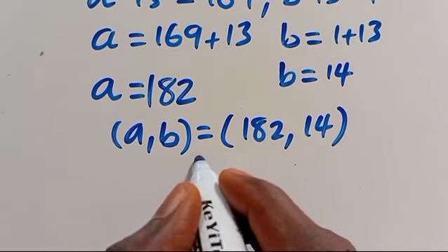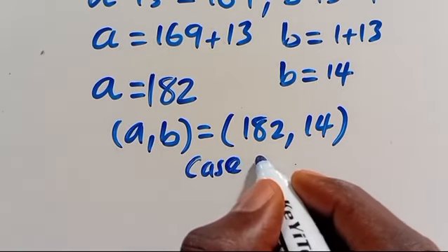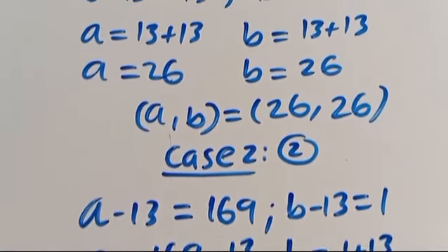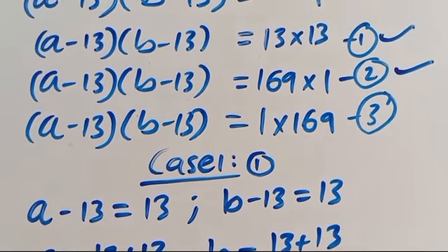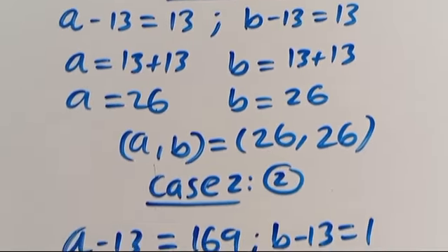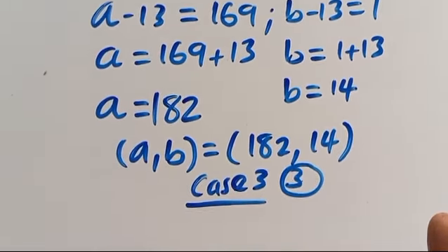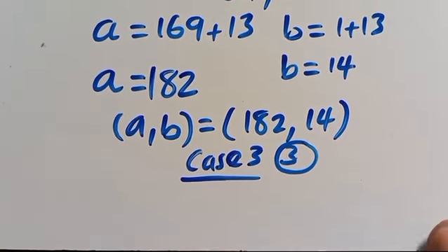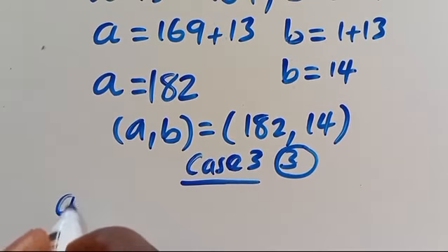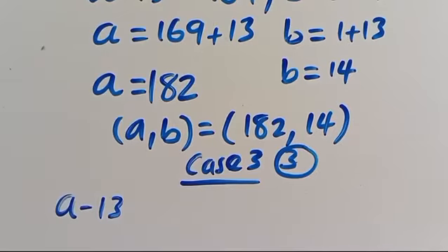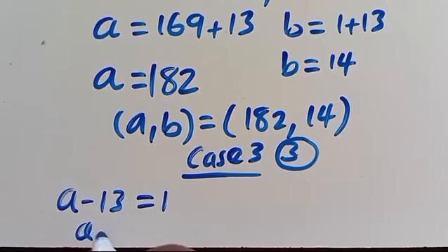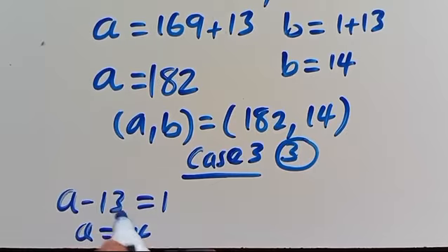Then likewise, for case 3, from equation 3, we are going to have a minus 13 equals 1. Then from here, a will be equals 14, 1 plus 13.